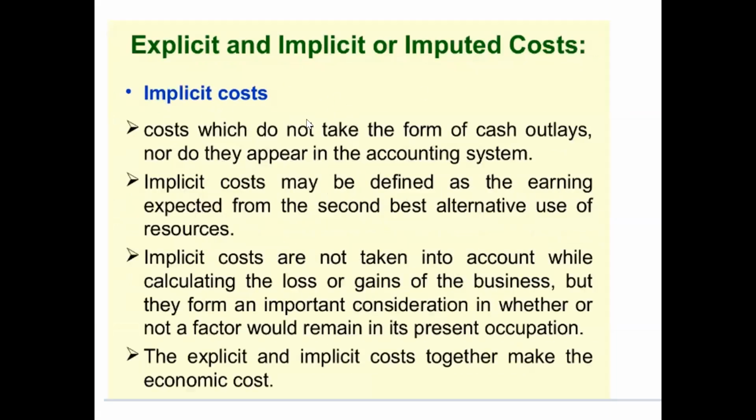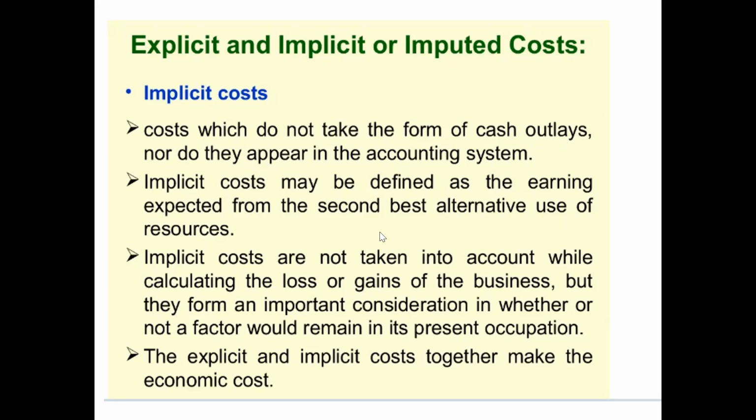Then the implicit cost. Implicit cost means that it is not taken out from your pocket, right? There is no cash outlay, no cash outflow, so it will not appear in the accounting system, right?